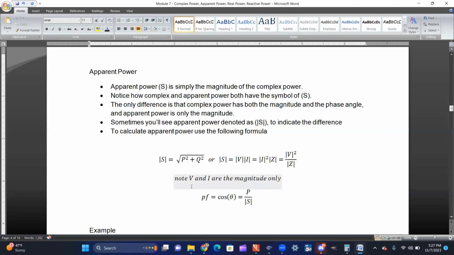And here's another good relationship that you're going to want to remember: your power factor is simply your real power divided by your apparent power. When you think about it, your power factor is the percentage of active power that is in your apparent power.